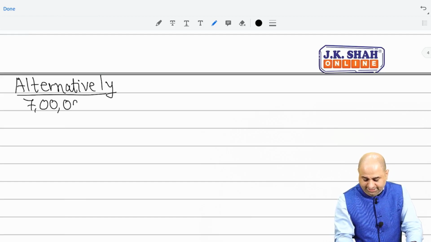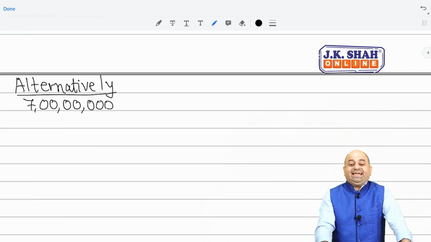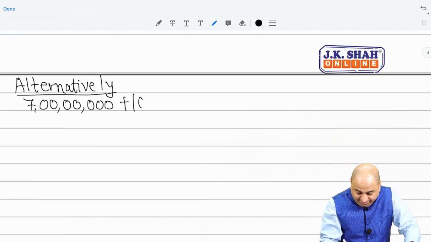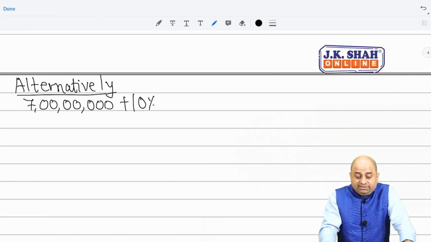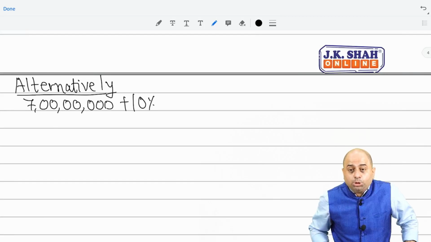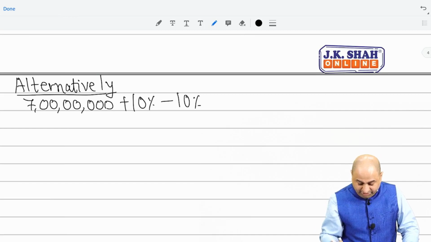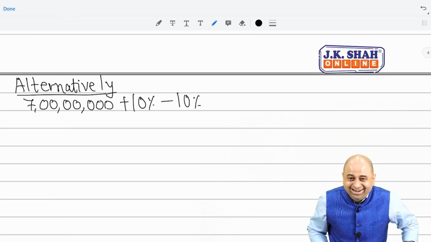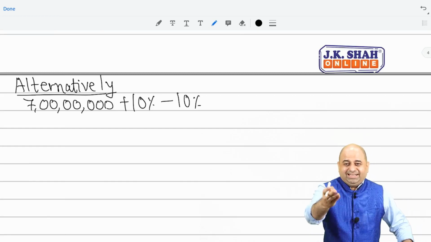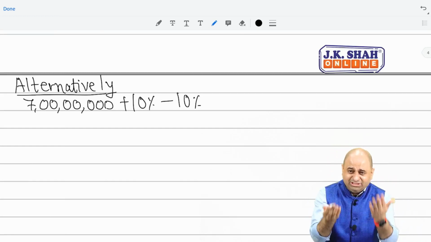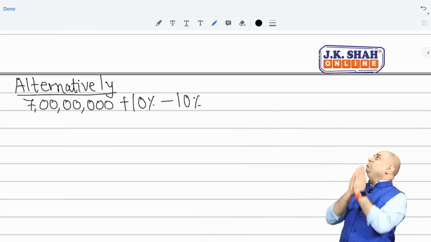Seven crores is your present sales, that we all know. Now there is a 10% increase in selling price, so I'll add 10%. And then they have said 10% reduction in sales volume, so minus 10%. You can't say plus 10 minus 10 cancel. Please don't do that. Please, for heaven's sake, don't do that.